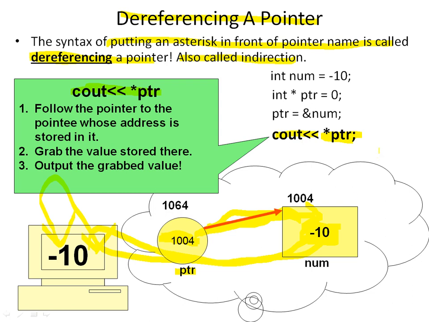This is called dereferencing. So when we do dereferencing, putting an asterisk in front of the pointer name, this whole thing becomes an alias for the pointee. Pointee num has its own name, but now star ptr is another name for it. It's an alias for the pointee called num.